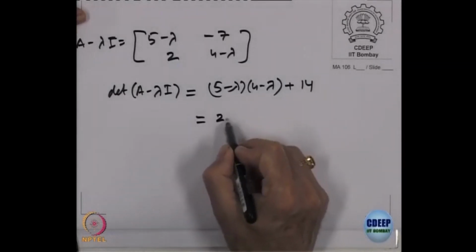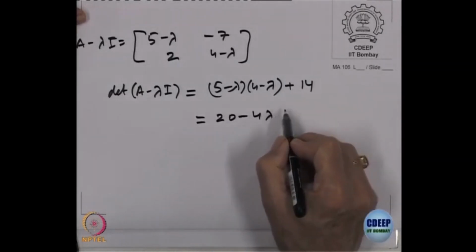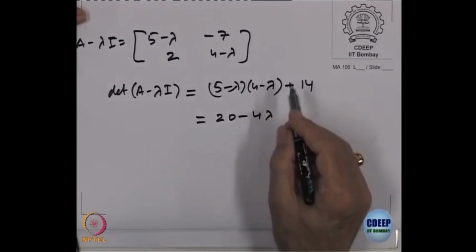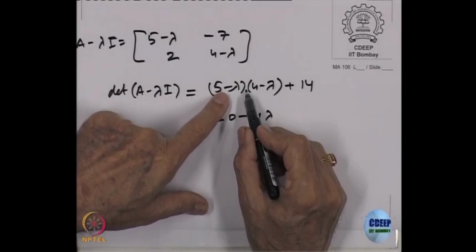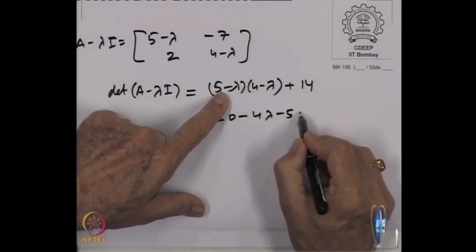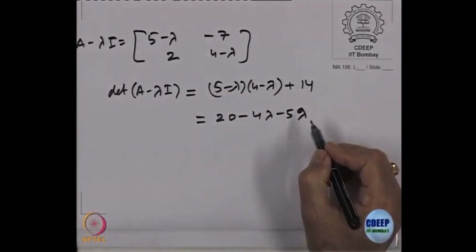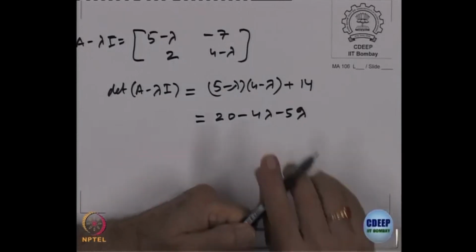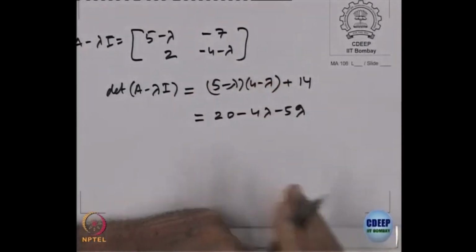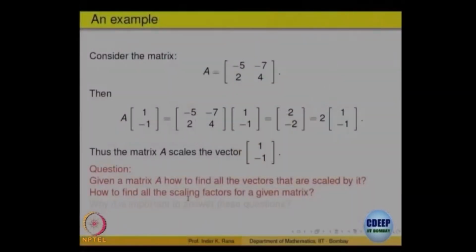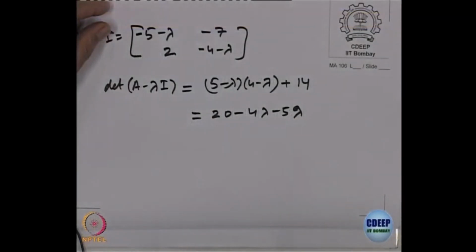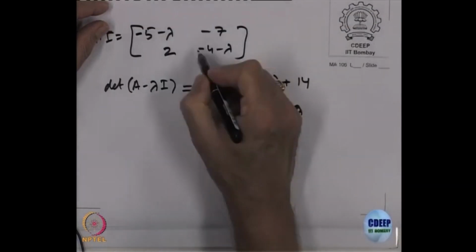So, what is that equal to? Let us compute 20 minus 4 lambda, minus 5 lambda. I think that this is minus 4 here in the matrix, yes, okay. Minus 5 minus 7, so there is a minus here, that is plus 4 as it is.